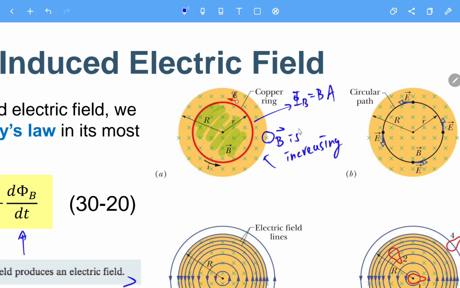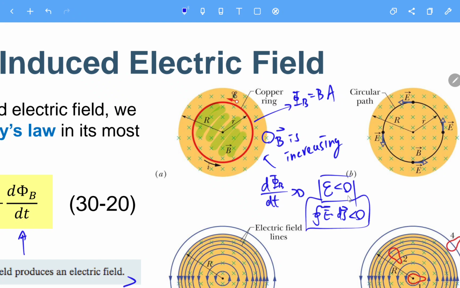If B is increasing, then d phi B dt should be a positive value. We have a negative sign, which means that d phi B dt is positive, and therefore the EMF is smaller than 0, or the integration of E dot ds is smaller than 0.